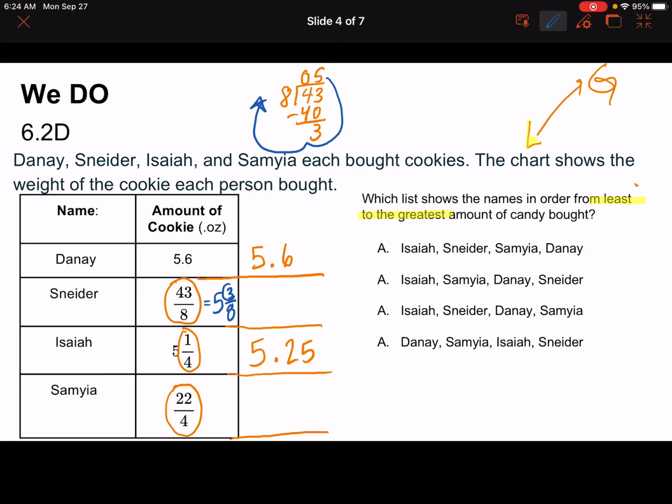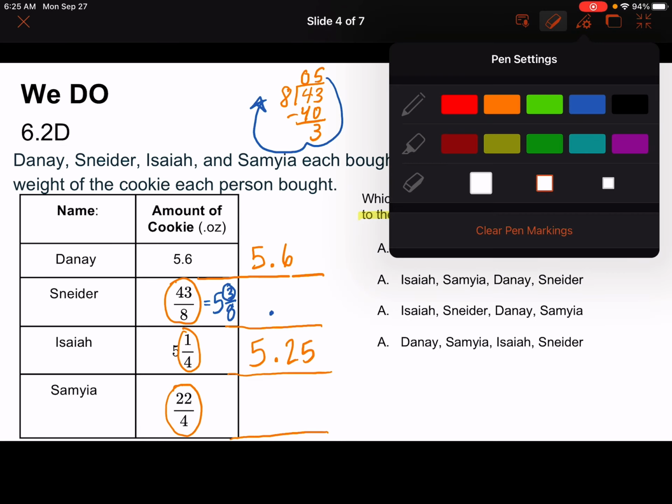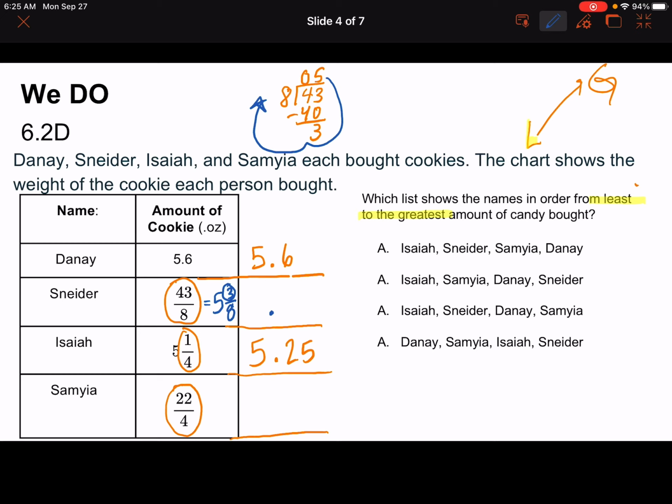If I know my benchmark fraction 3/8, I know it's 375 thousandths, but we're going to solve it out. 3 divided by 8, or I can just extend it and raise it up and drop it down.